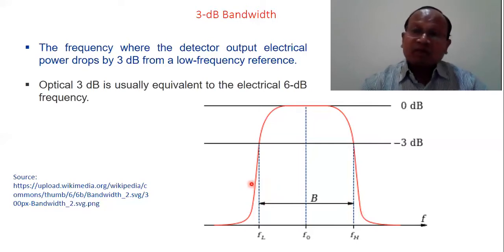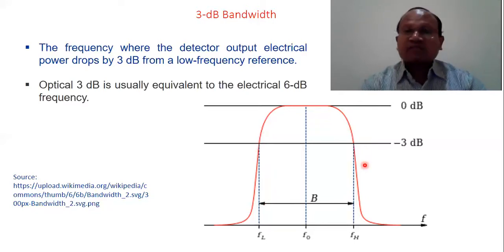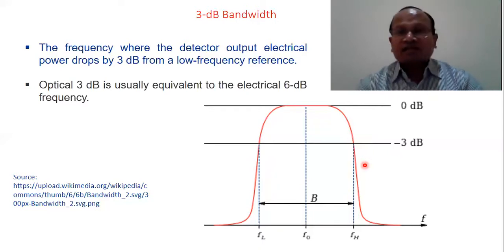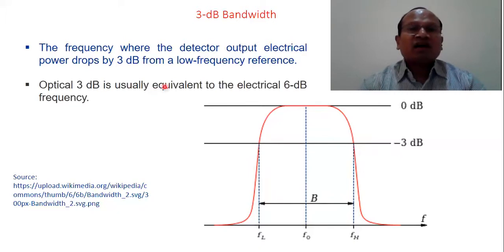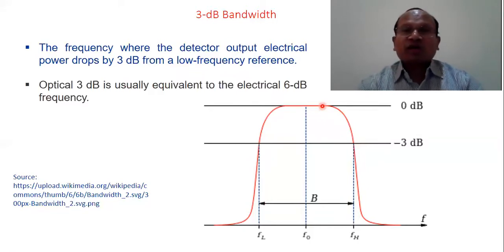Now, why is it 3 dB bandwidth? Because the lower cutoff frequency is at 3 dB and the higher cutoff frequency is also a 3 dB frequency. So the bandwidth will obviously be called 3 dB. And there is a reason: you see here, it's 3 dB below the low reference value. So say the reference value is minimum 1. When you convert into logarithm, it will be 0 dB.